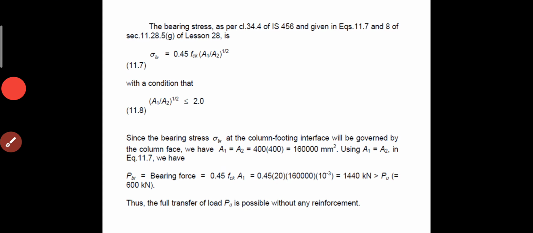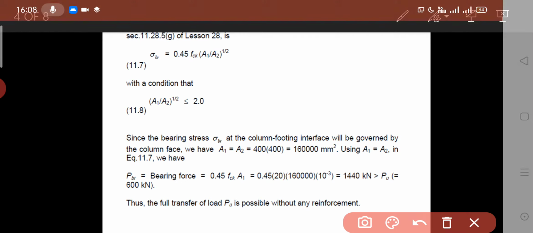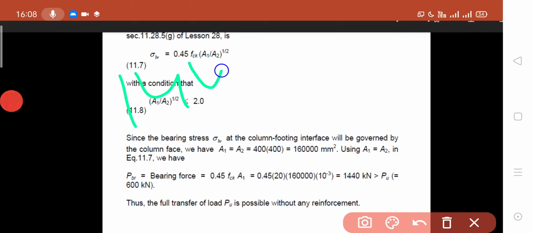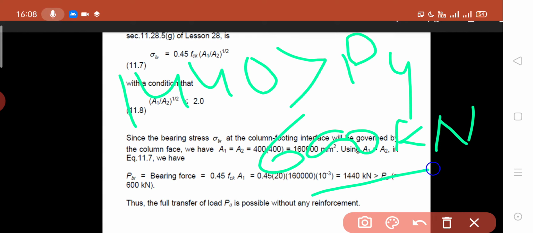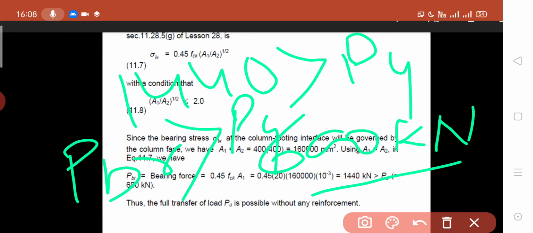This bearing force is greater than Pu, which we found as 600 kilonewton. So PBR is greater than Pu. Thus the full transfer of load Pu is possible without any reinforcement.